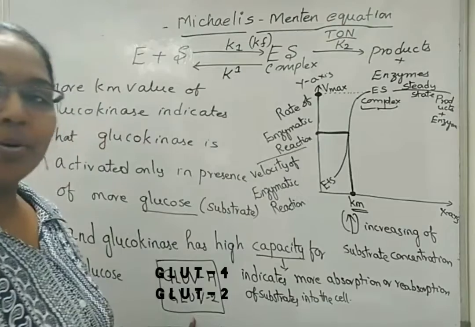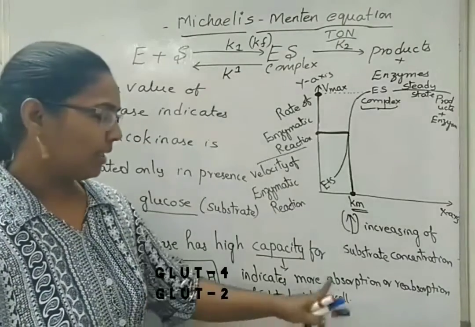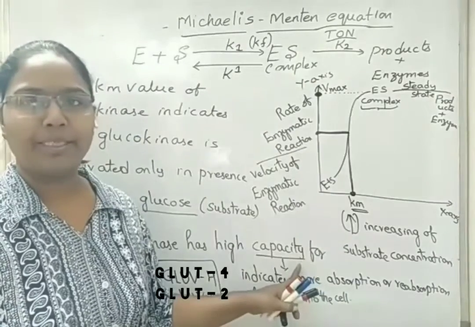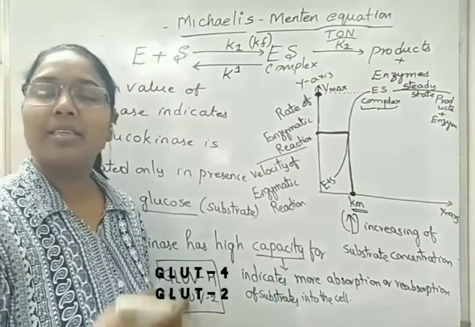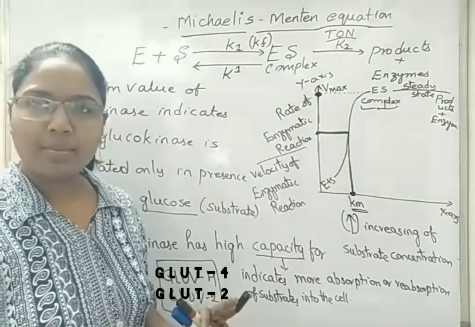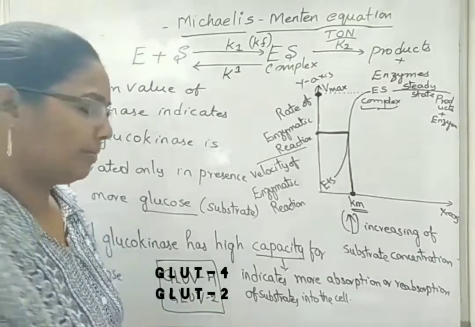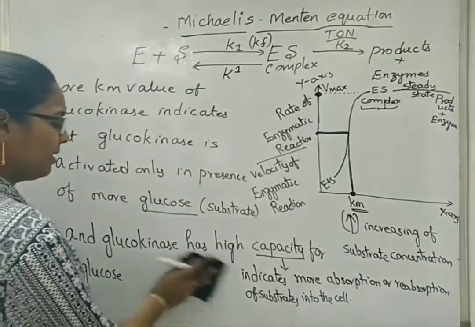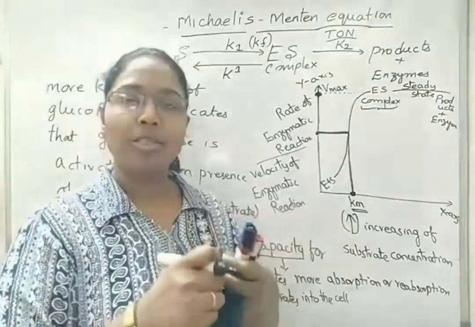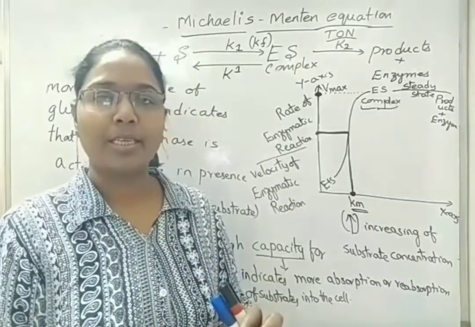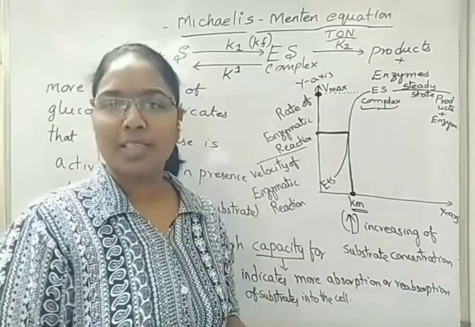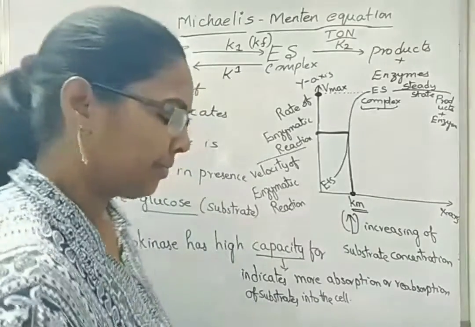Without the support of these proteins, the capacity of the enzyme will not be completed. But in case of affinity, just simply attracting the molecules to bind to their active sites, no support of carrier proteins is required. Here it is taking support of carrier proteins for reabsorption of glucose into the cell where this glucokinase is present. Some energy or more of the activation energy of the substrate might also be involved.